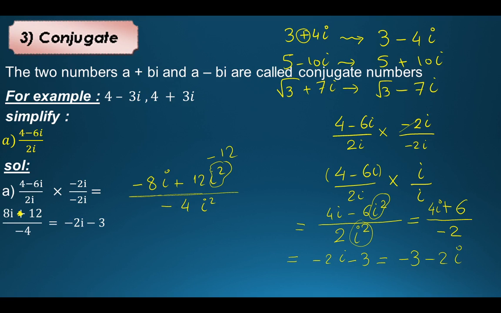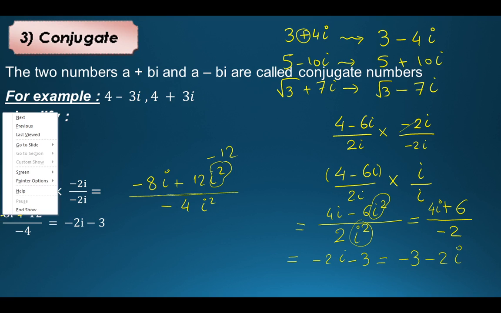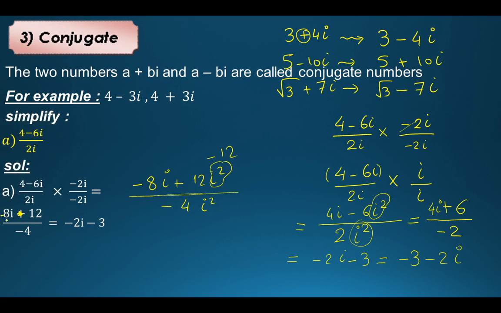Here the denominator is not negative 4, because we know that i to the power of 2 equals negative 1, and negative 1 times negative 4 equals 4.